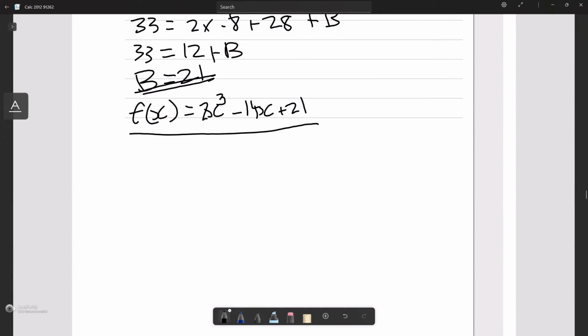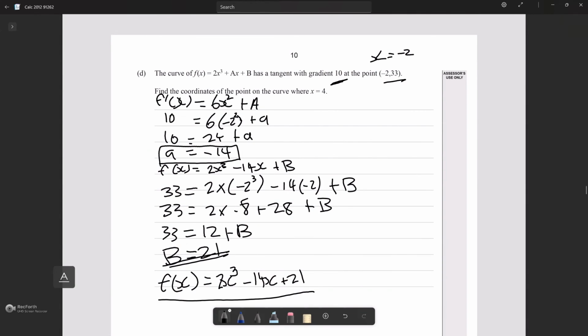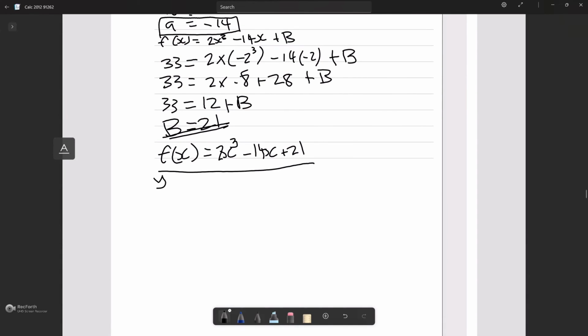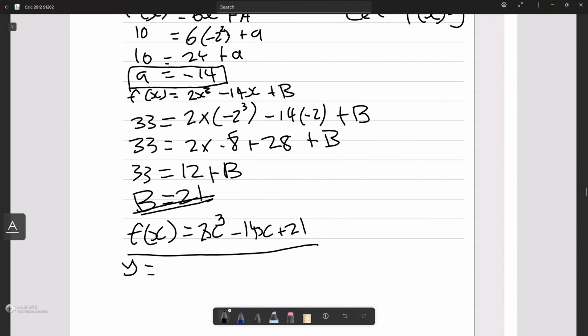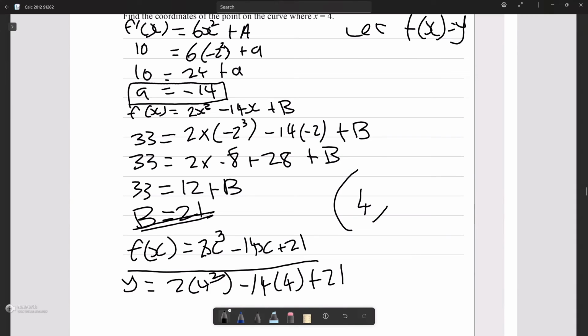Now find the coordinates when x equals 4. I'm just going to make a statement. f of x equals y, so y is equal to 2 bracket 4 cubed minus 14 bracket 4 plus 21.